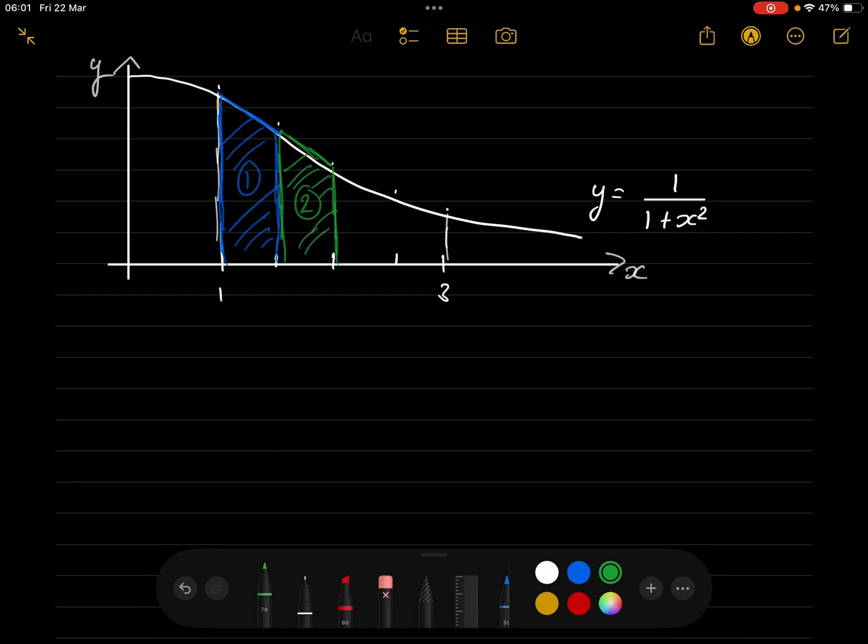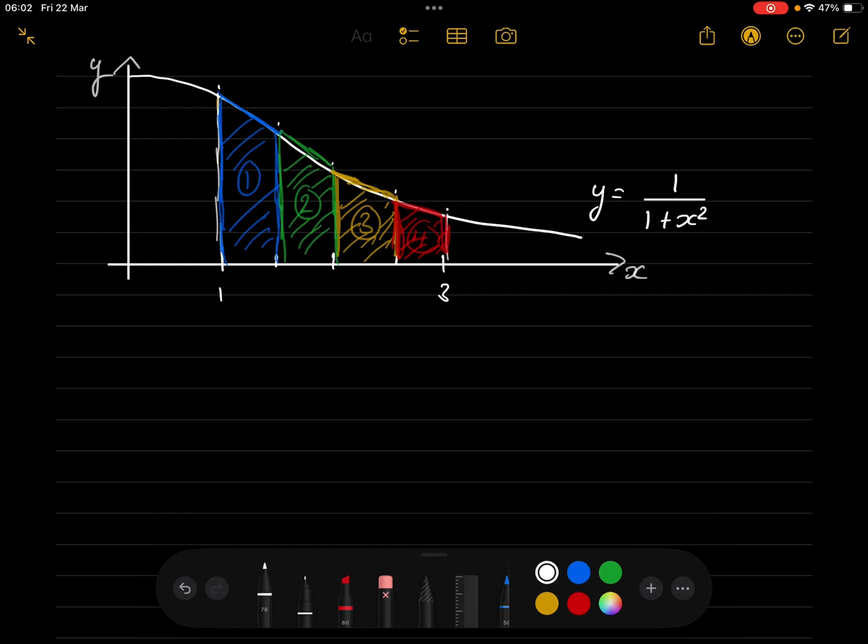And carrying on for each trapezium, going exactly the same width for each, connecting where it meets the curve, to get these 4 different trapeziums. So how can we work out the area of each of those trapeziums?